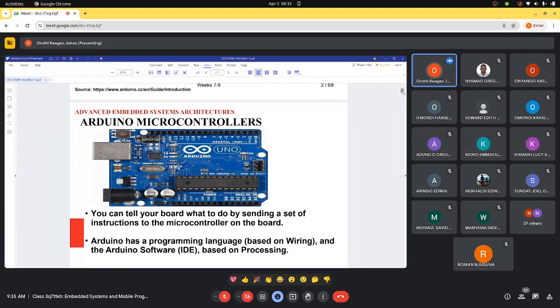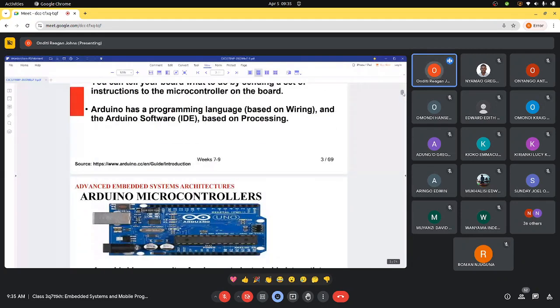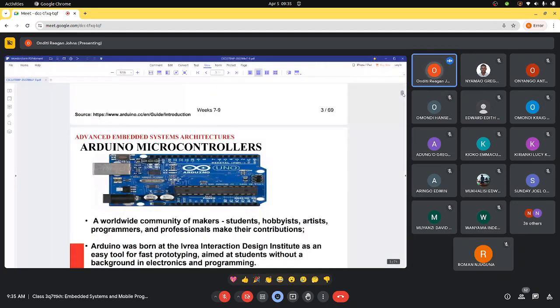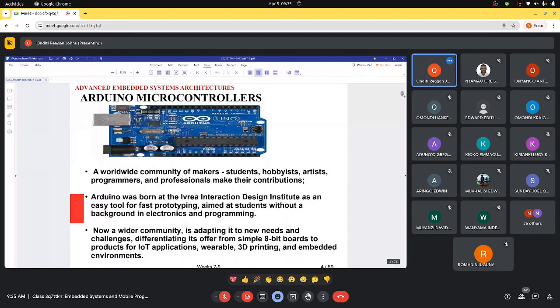So how this works is, what do you give it in terms of the language or the code? The wiring aspect, what have you connected to which component? And how do you articulate the software that is basically on this Arduino to implement what you want at the end of the day? So all that, we are going to look at it in detail as we move forward.